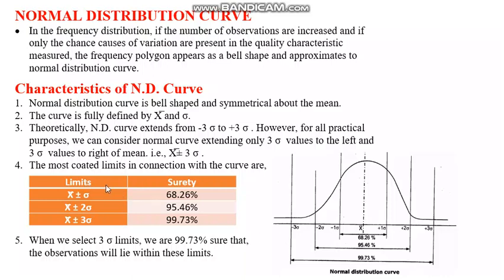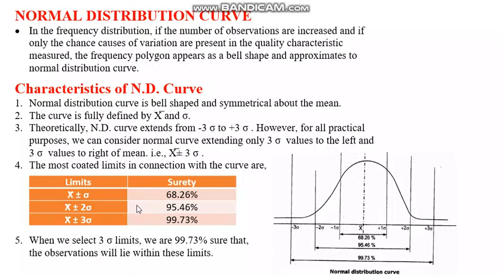You can see, if you take x bar plus or minus 1 sigma, the number of components that fall within these limits is 68.26%. That is given in the table also here.